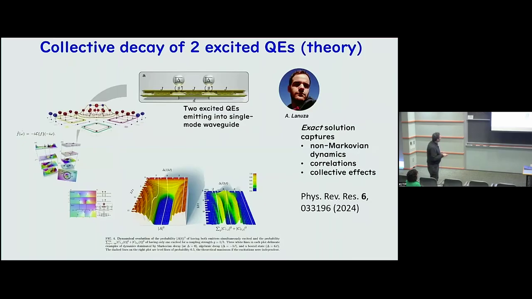What he considered was a single band waveguide, and you see if you're in the center of the guide, you decay basically exponentially, and if you are at the edges, you become very non-Markovian. And so there's some hope that one can maybe see this kind of effect in our system, where we have not many emitters contributing in the end.